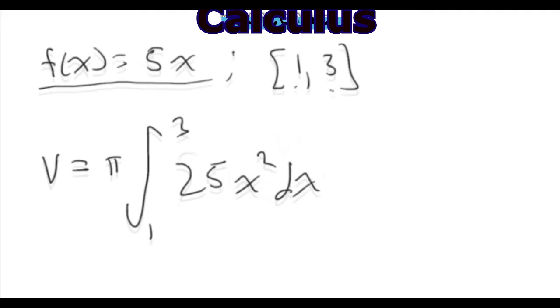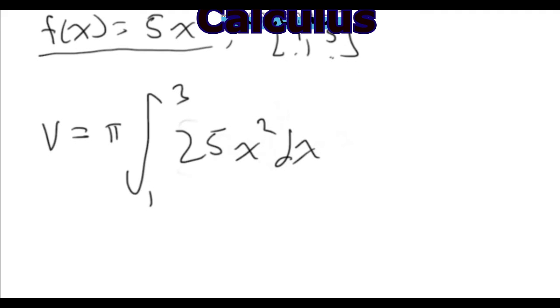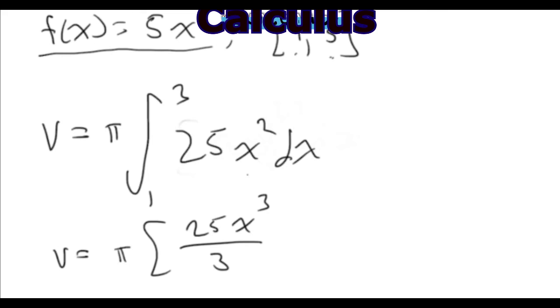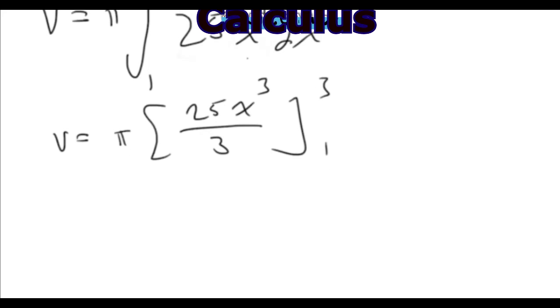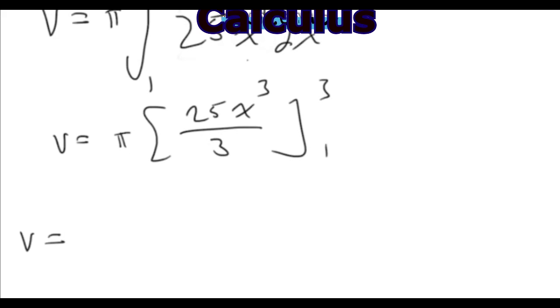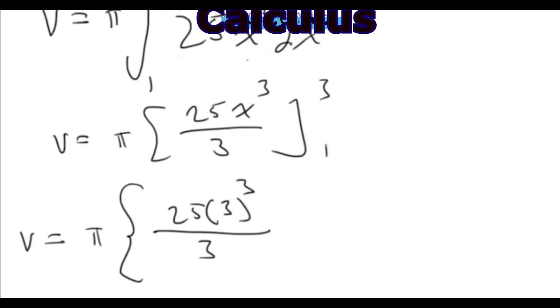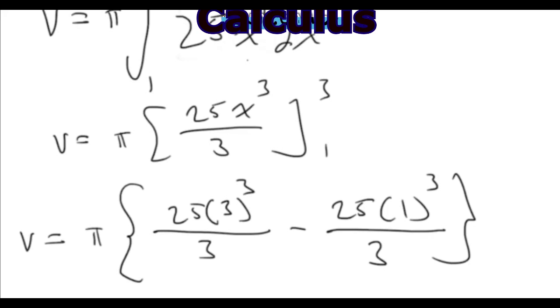Now if we integrate that, we have pi times 25x cubed over 3, from 1 to 3. If we substitute everything, we have pi times 25 times 3 cubed over 3 minus 25 times 1 cubed over 3.